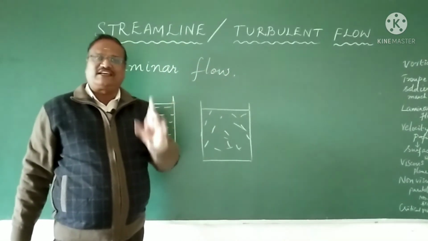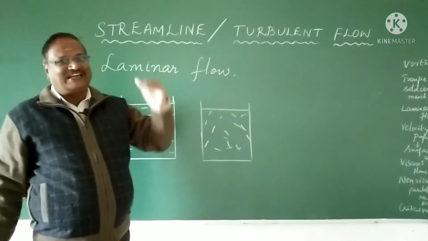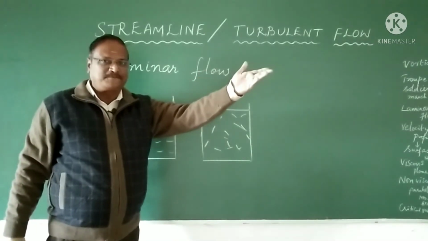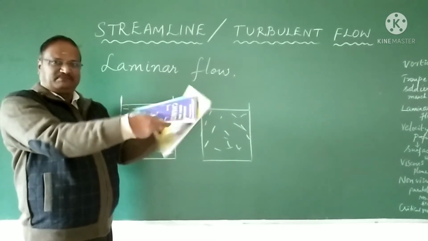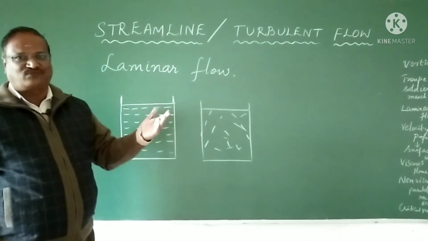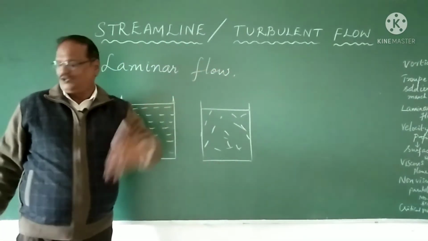Laminar flow will be there only when the velocity is less than the critical velocity, the limiting velocity. If it exceeds, then the layers will not remain as they are. They all will get intermixed, and it will not be a laminar flow, a streamline flow, or a steady flow.